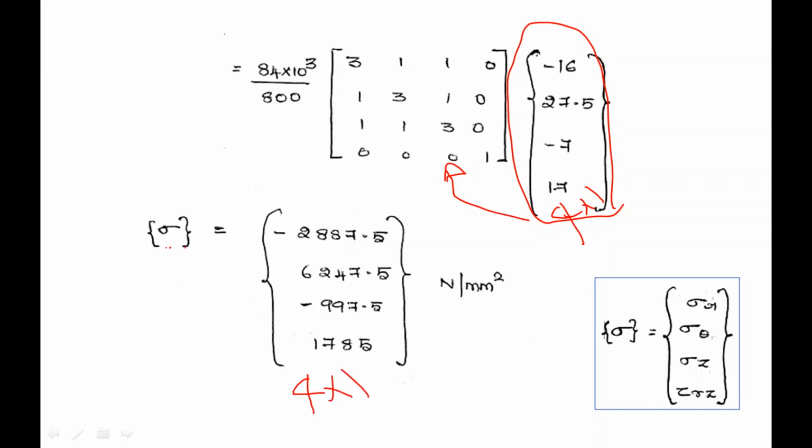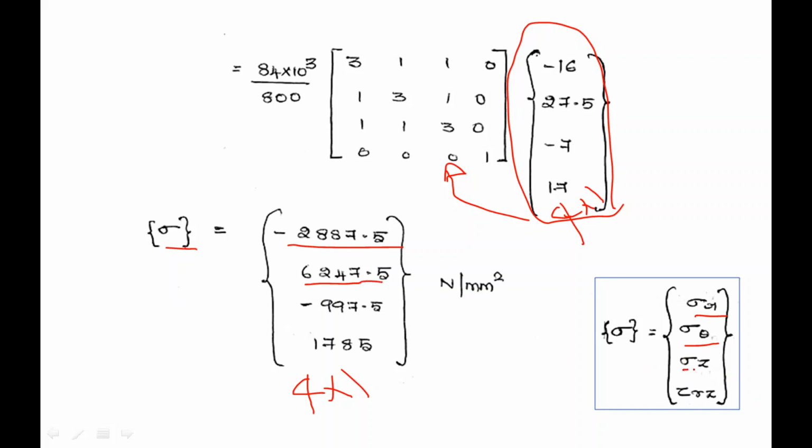Sigma matrix, what is sigma? Sigma r is the radial stress. First one is radial stress, minus 2887.5 Newton per millimeter square. Sigma theta, 6247.5 Newton per millimeter square.